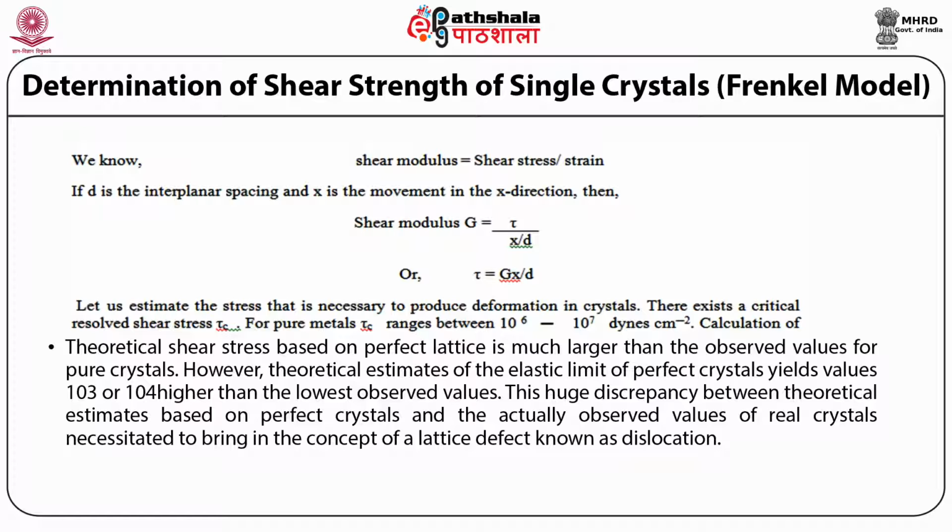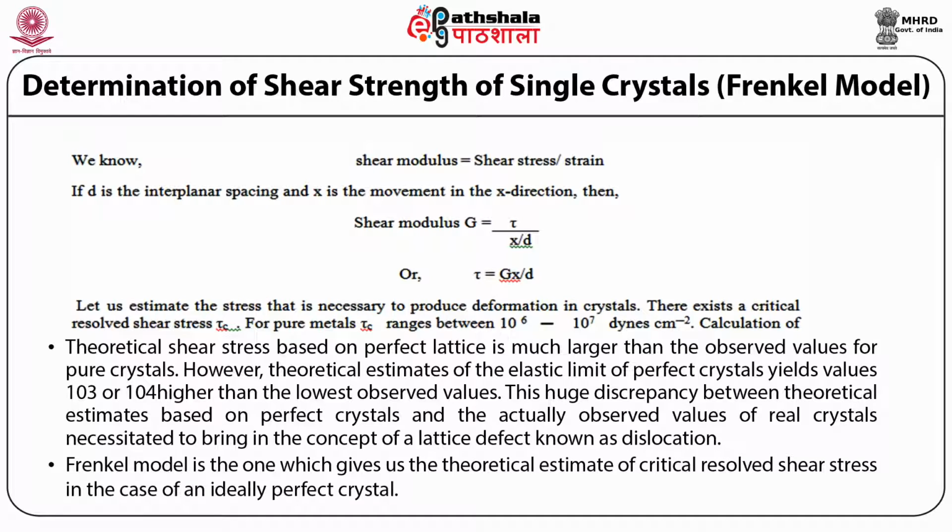Theoretical estimates of the elastic limit of perfect crystals yield values 10 raised to the power 3 or higher than the lowest observed values. This huge discrepancy between theoretical estimates based on perfect crystals and the actually observed values of real crystals necessitated bringing in the concept of a lattice defect known as dislocation.